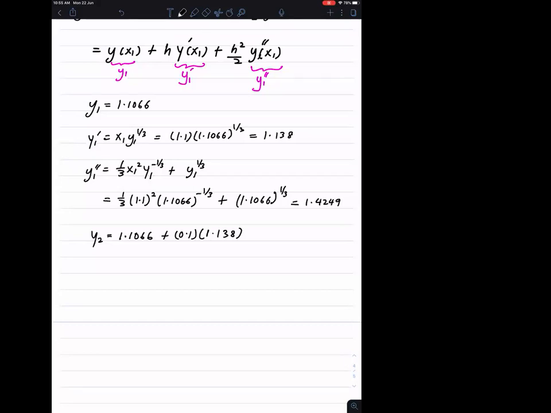It's coming from here, this is h, and that's h. This is y1 prime. y1 prime is this, 1.138.